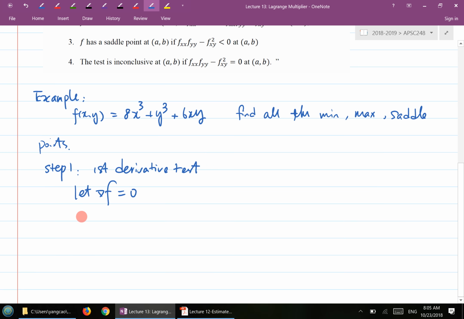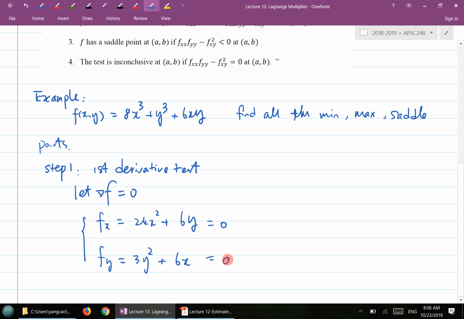This gives us two expressions, fx and fy. Partial f over partial x gives us 24x squared plus 6y. And partial f over partial y gives us 3y squared plus 6x. We let these two equations equal 0.